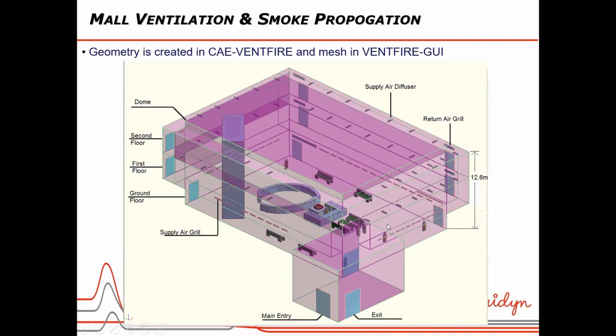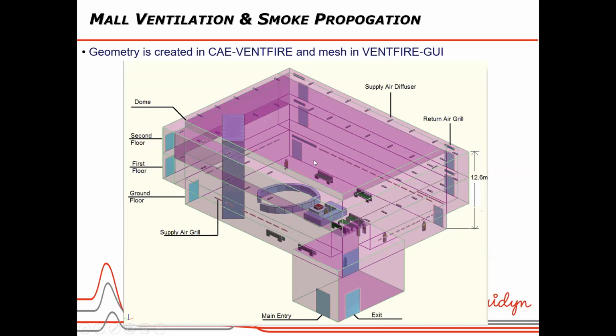These are working places on the second floor. Here we also have supply air grills, and sizes have been given, with a typical height of 12.6 meters. Return air, supply and diffusion, all these things we have introduced as source information. In addition, this is the main entrance. As I told, it was kept open.